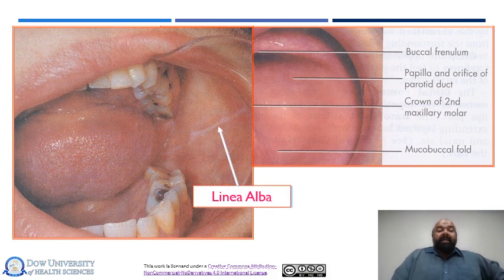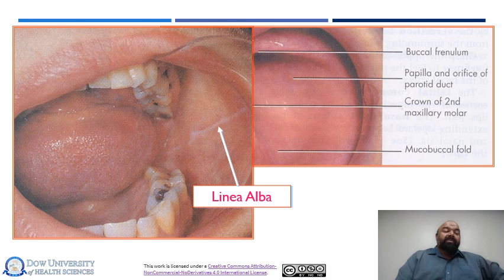Now, a little bit of clinical significance. This area of whitish line is sometimes found in individuals on the inner sides of the cheek. This is the area where the inner side of the cheek is traumatized intermittently during eating, and due to this constant light intermittent trauma it leads to hyperkeratinization of the buccal mucosa.